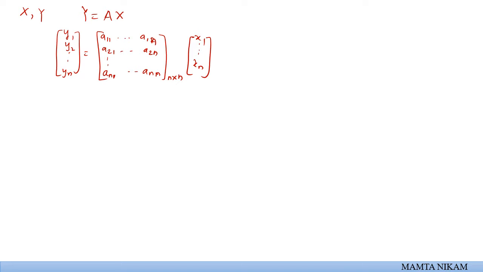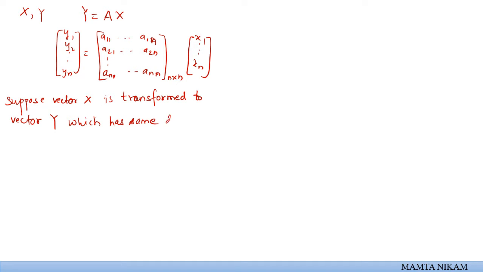Now suppose there exists a vector X which is transformed to vector Y, which has the same direction but different magnitude.